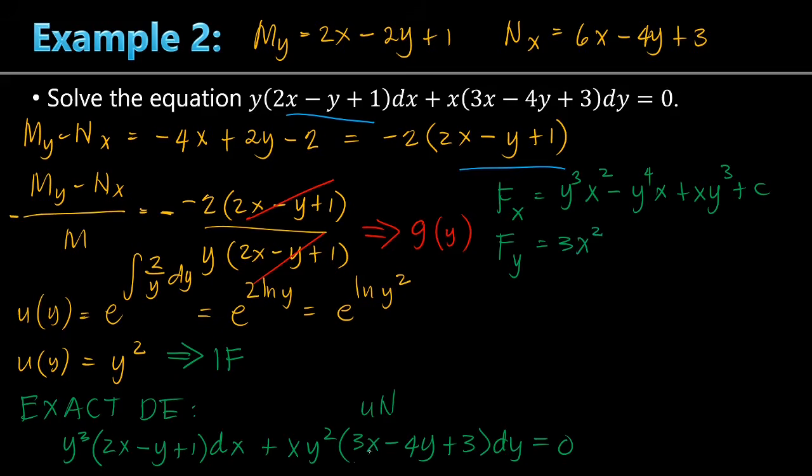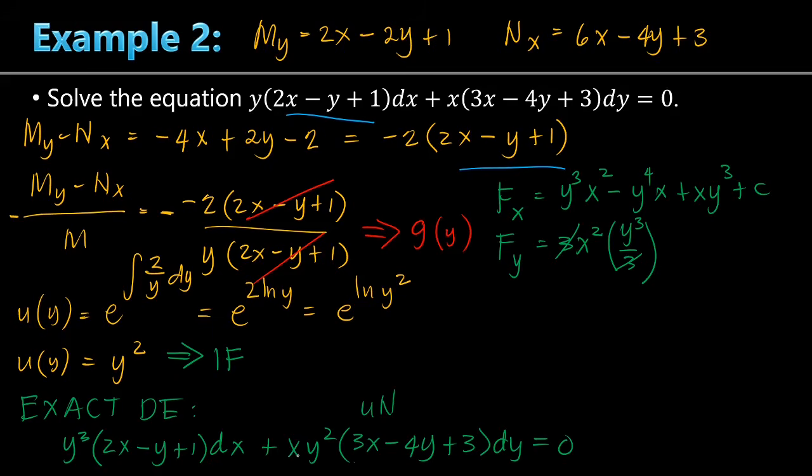Tapos, itong y squared ay i-integrate natin. Pag in-integrate mo yon, magiging y cube over 3. May 3 dito. So, ang matitira na lang is, sige, sulat ko na, y cube over 3. Para makita natin na nag-cancel yung 3.